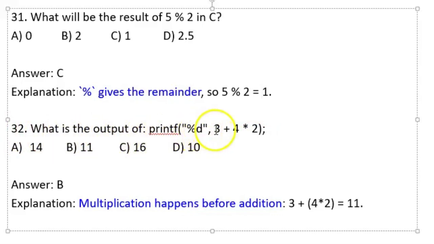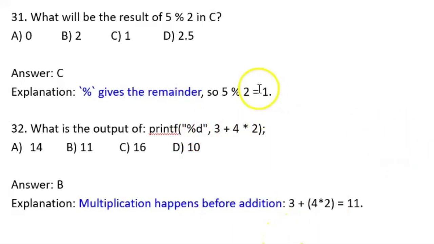Question 32. What is the output of printf of 3 plus 4 times 2? In this case, multiplication is evaluated before addition. These are the rules.